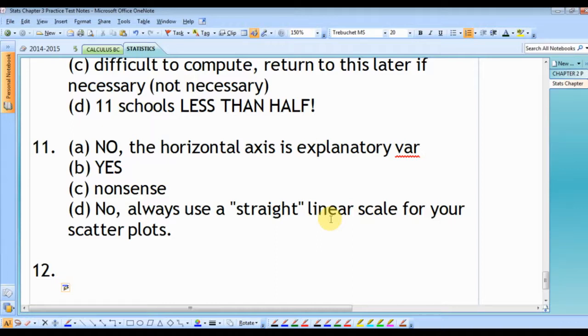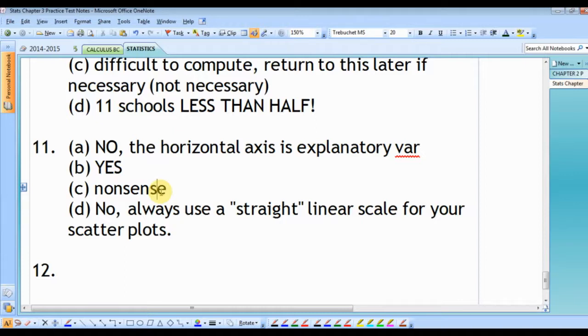Okay, so I have a question. For number 11, for C, why did you just write nonsense? Because that sentence doesn't make any sense. Okay, so this is still multiple choice.